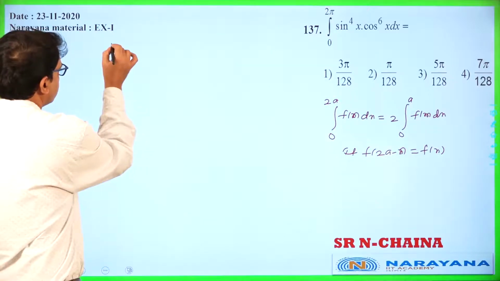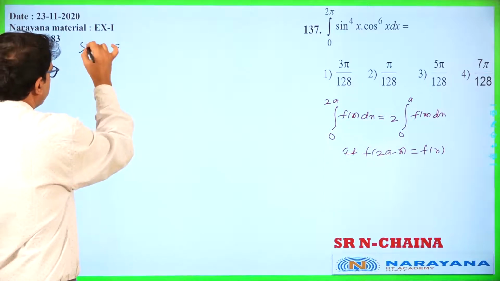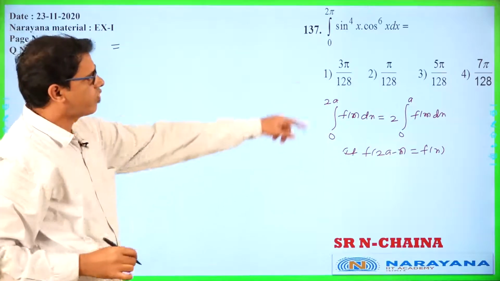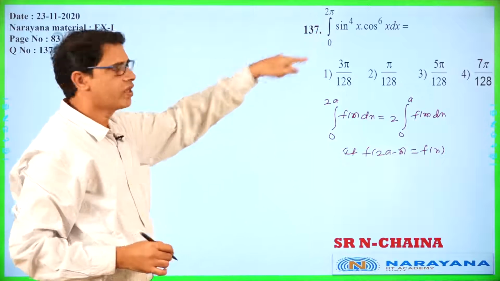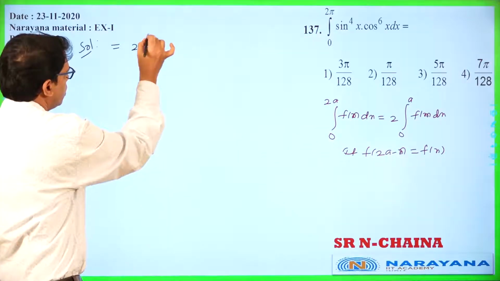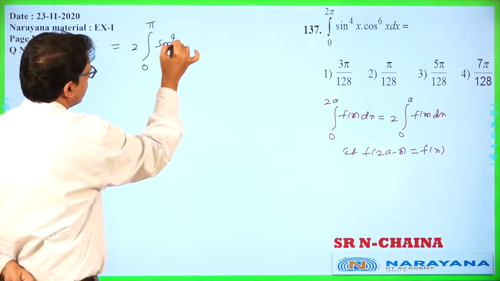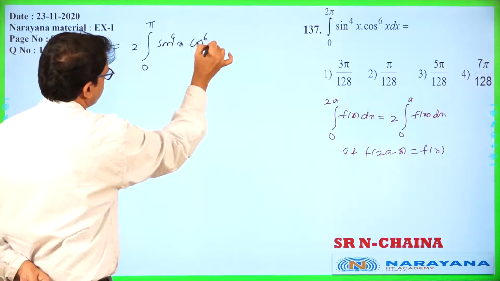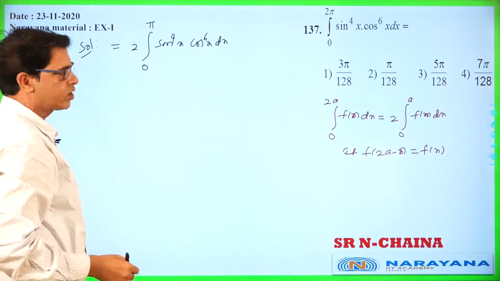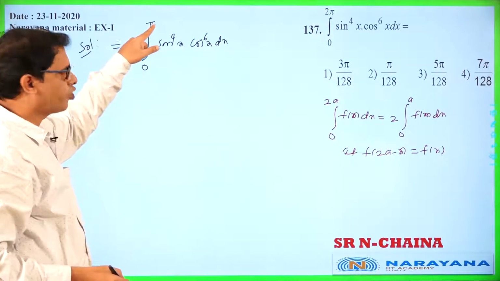Applying this formula once, I can bring 2 here, so 2 into the integral over 0 to pi of sine to the power 4x into cos to the power 6x dx.